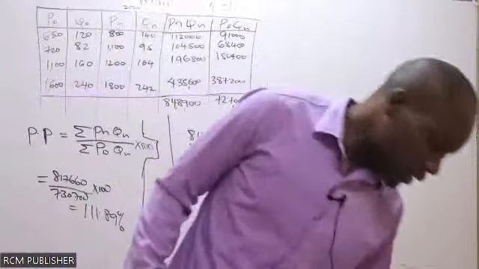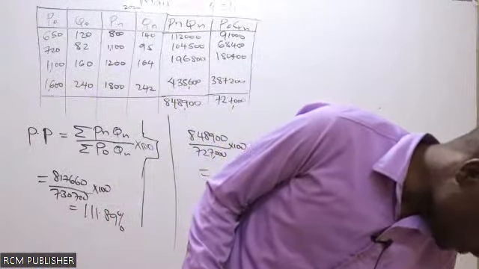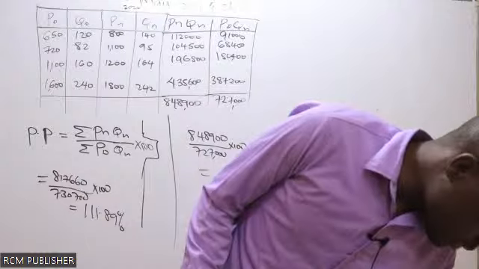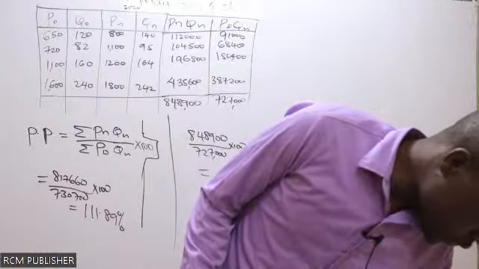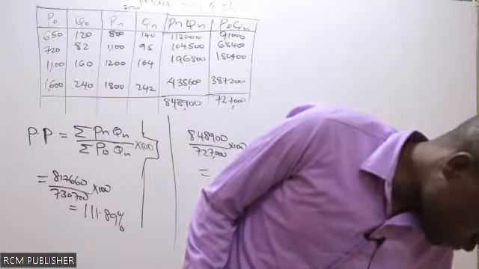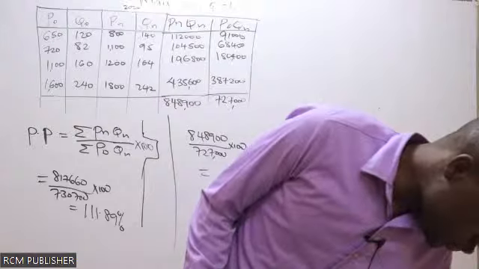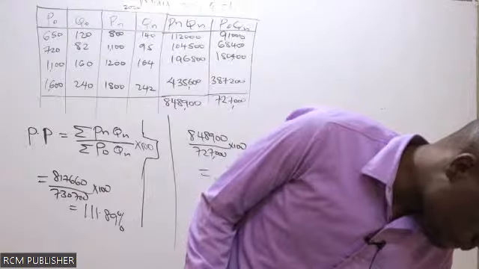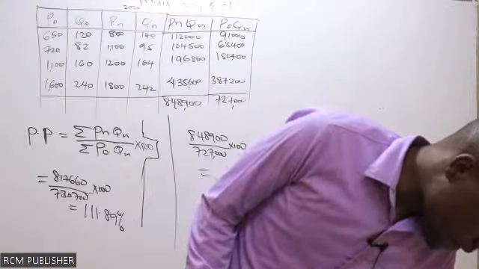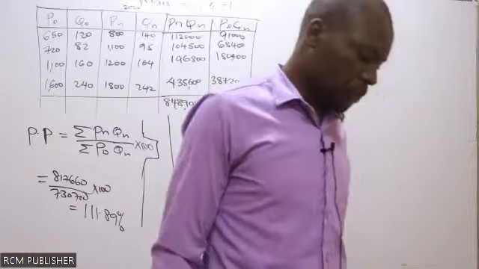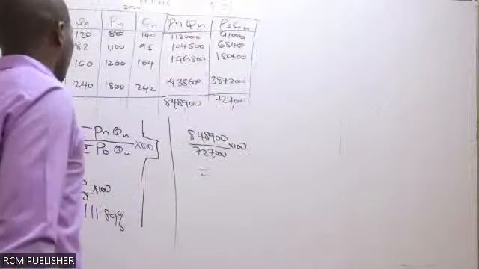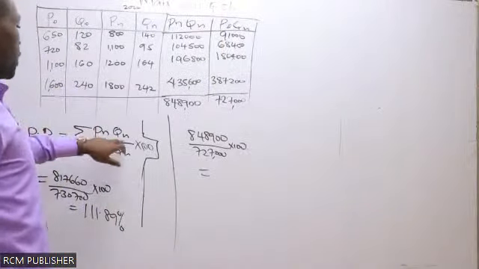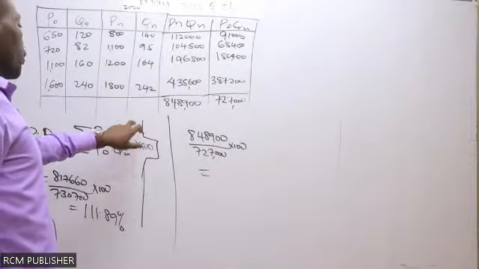As you calculate that, let's look at part B of the question. The Laspeyres price index for the year 2019 and 2020 using 2018 as the base year. The only difference is that we're going to replace this QN with QO.